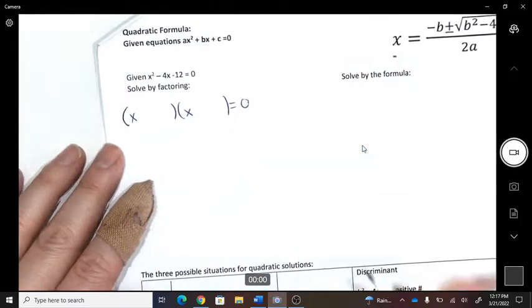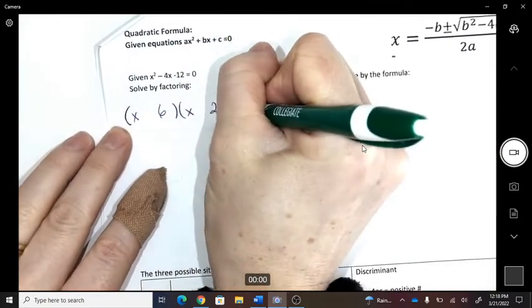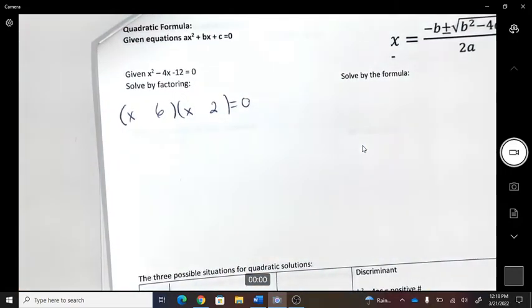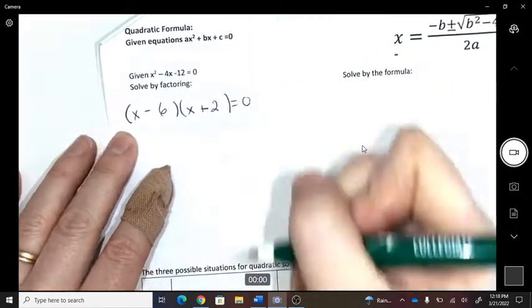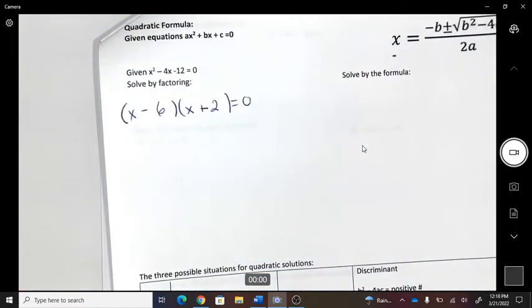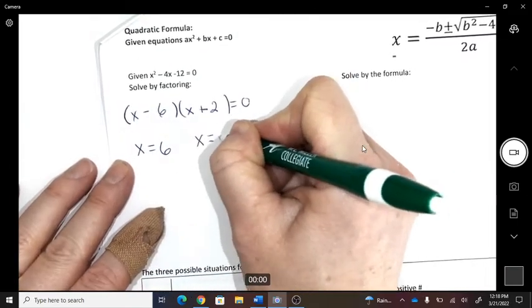X and x multiplies to 12, makes a 4 in the middle. So 6 and 2, we need a negative 4. So make a negative 4 out of your numbers. So the result would be x equals 6 and x equals negative 2.